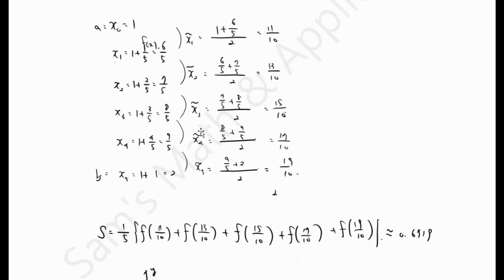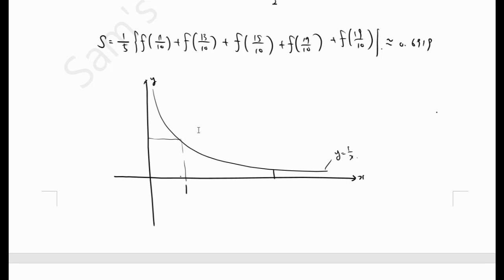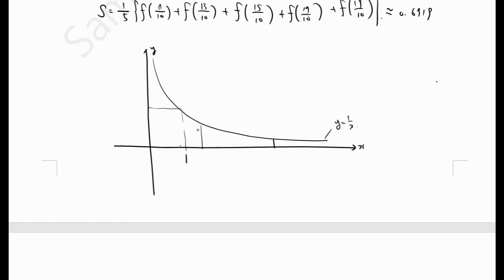The subdivision is 5: 1, 2, 3, 4, 5. The points are 6 over 5, 7 over 5, 8 over 5, and 9 over 5. So we can take the midpoints. The Riemann sum is where we take the midpoint and build a rectangle at each midpoint.